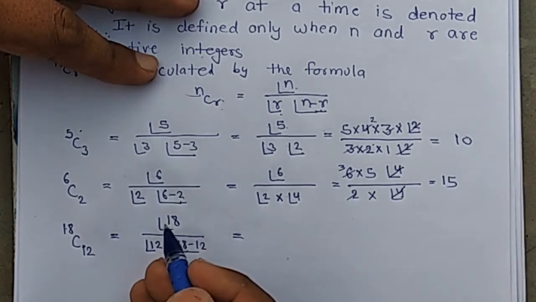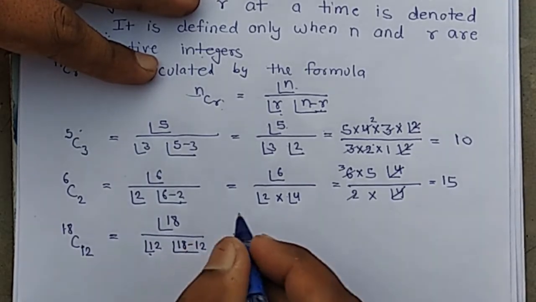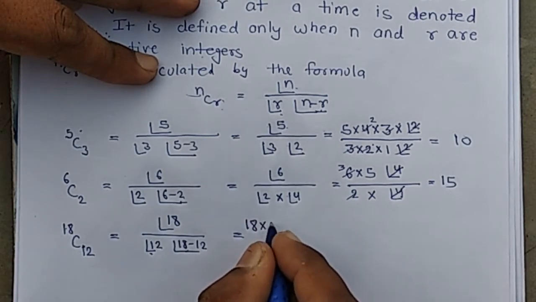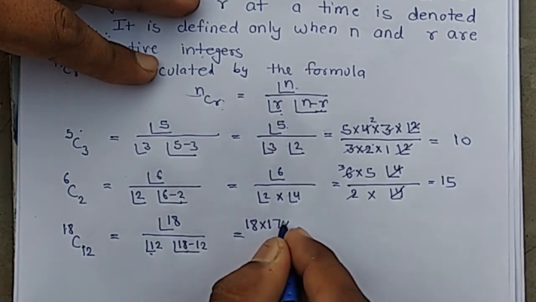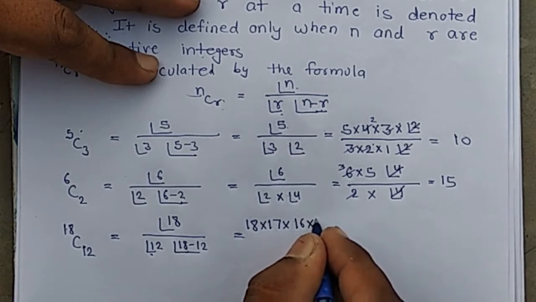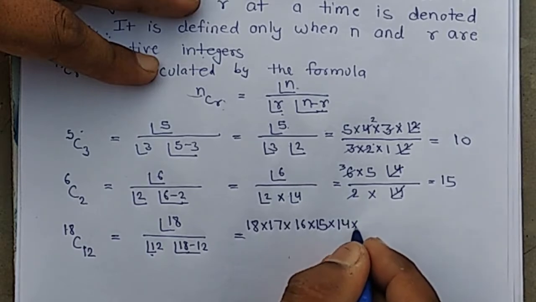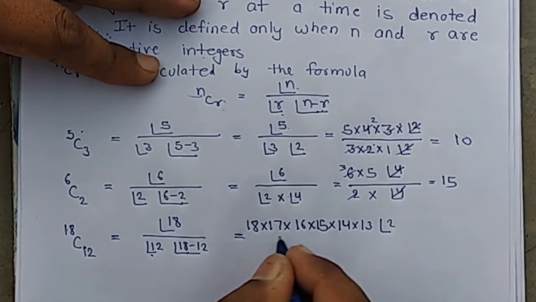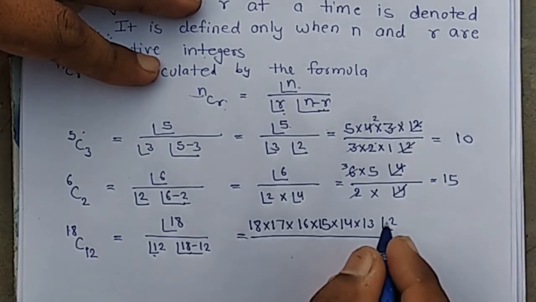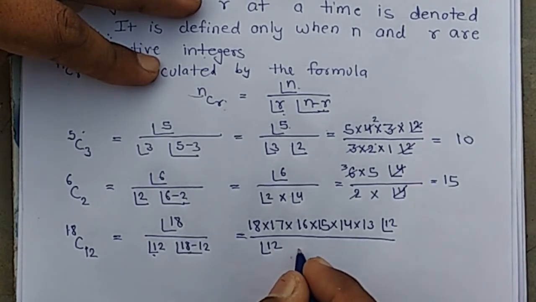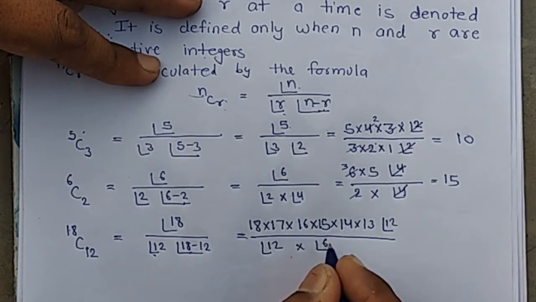Now change factorial 18 into factorial 12 form: we write 18 into 17 into 16 into 15 into 14 into 13 into factorial 12. Now 18 minus 12 means factorial 6.